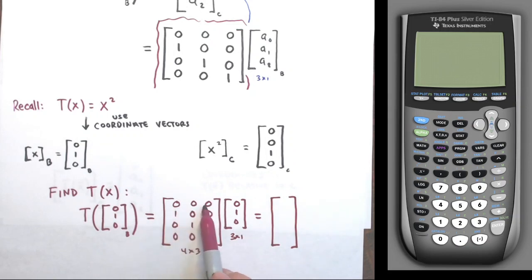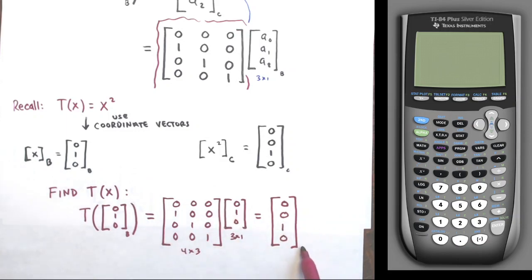The first row is all zeros, so this is 0 for the first row. Then you have 1, 0, 0 with the 0, 1, 0. Do that little matrix product there. That's 0 plus 0 plus 0, that's 0 again for the second row. Then 0, 1, 0 with 0, 1, 0, for the third row: 0 plus 1 plus 0, that's 1. And then 0, 0, 1 with 0, 1, 0: 0 plus 0 plus 0.